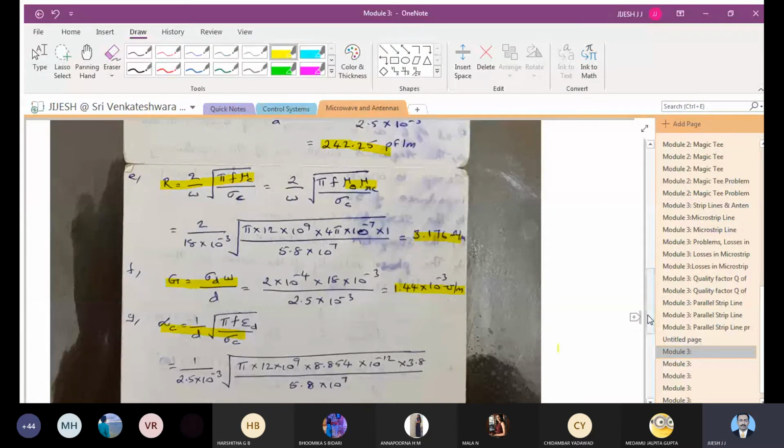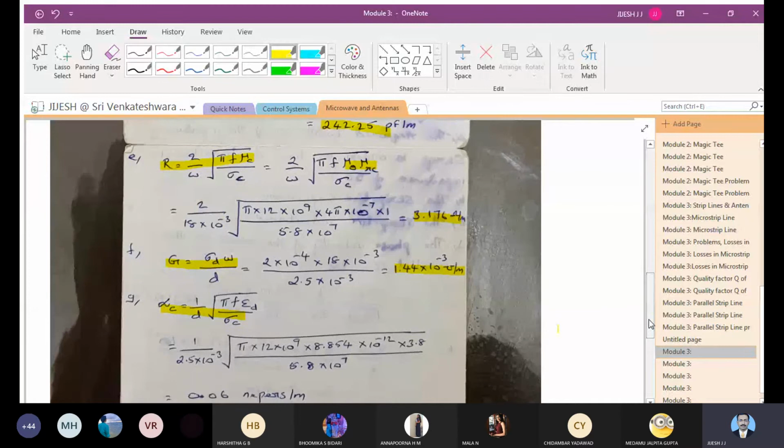You will get somewhere close to 0.06 Nep per meter.